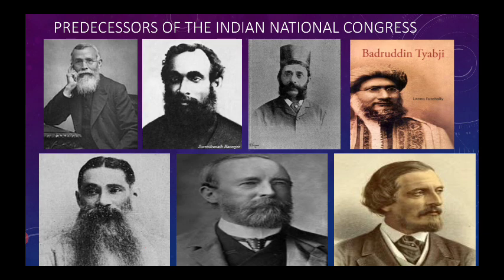A.O. Hume, a retired member of the Indian Civil Service, helped the Indians to have an organization. Lord Dufferin was the viceroy at that time. The foundation of the Indian National Congress was the most remarkable event in the history of India, and all these heroes were the reason for it.